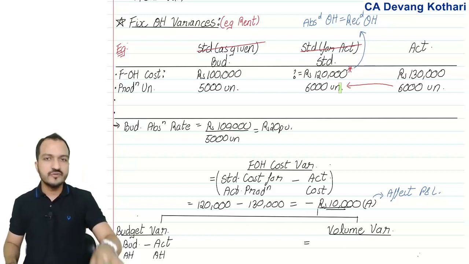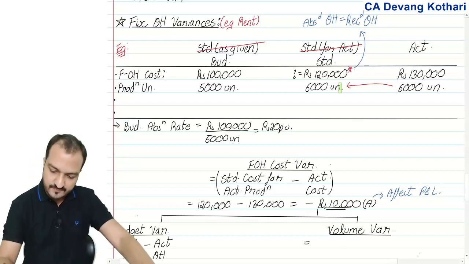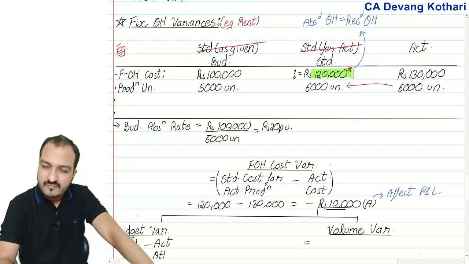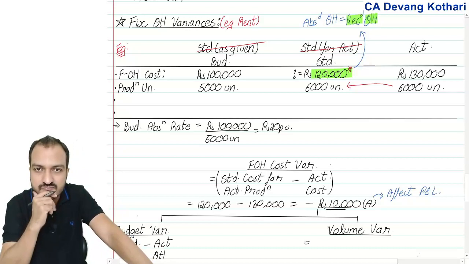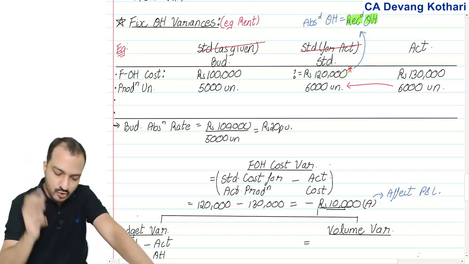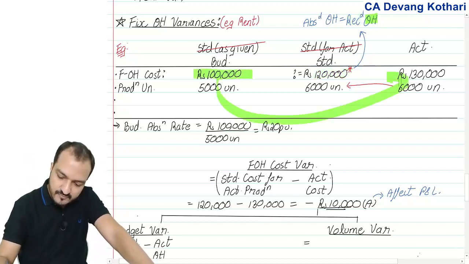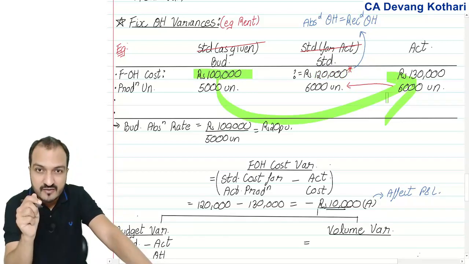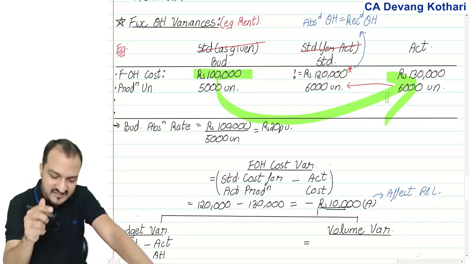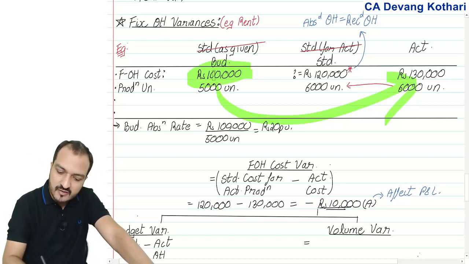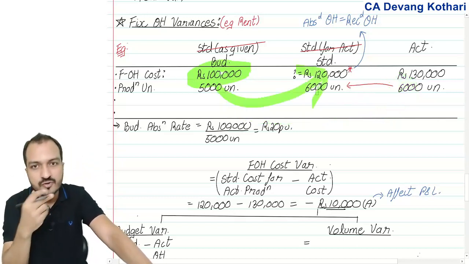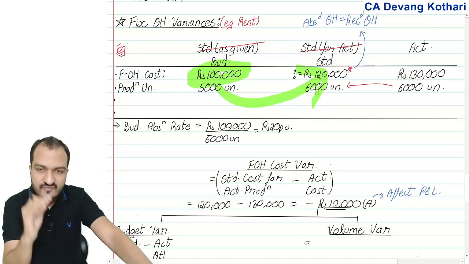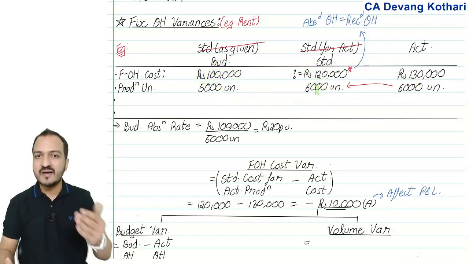So 1,20,000 is the money that you have recovered from your customers. You have incurred 30,000 extra as compared to the initial estimate, but as compared to the same initial estimate, you have even recovered 20,000 extra by selling more units.